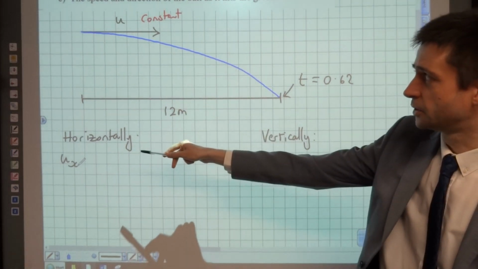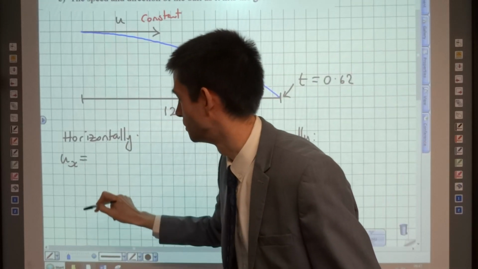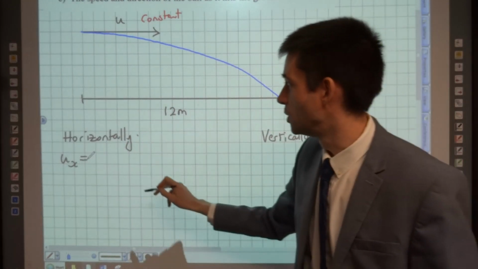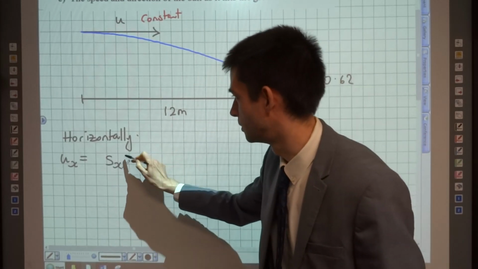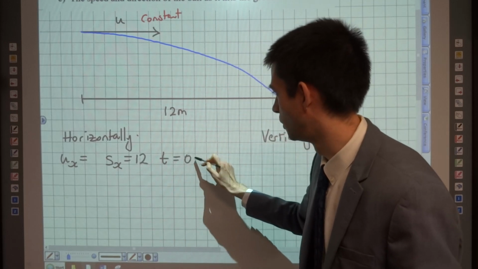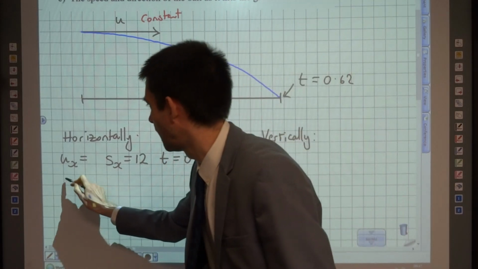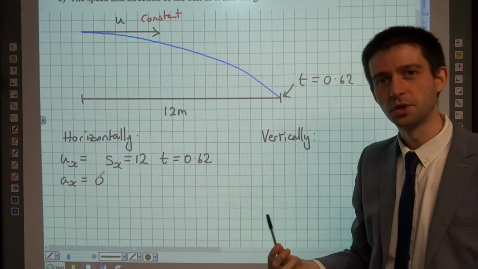So our initial velocity in the horizontal direction, at the moment we don't know. We know that the displacement s in the x direction horizontally is 12. We know that t is 0.62. And because we are saying that this is constant, the acceleration in the horizontal direction is 0.